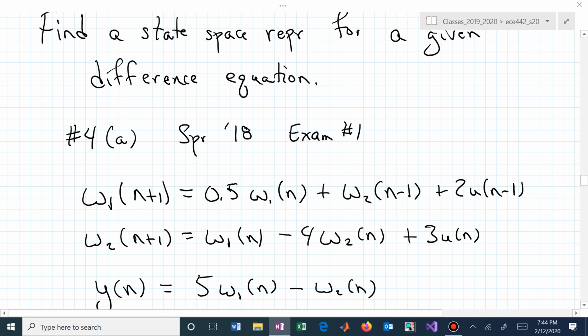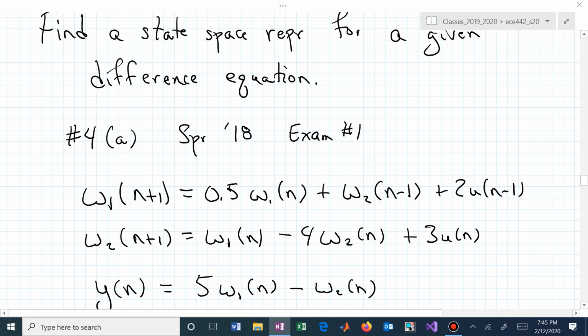Now, looking at this, you might be tempted to say, well, this is just a standard state space. I have W1, that's like X1. I have W2, that's like X sub 2. But if you look on the right, you see that what makes up W1 and W2 is not just W1 and W2 at time n and U at time n.